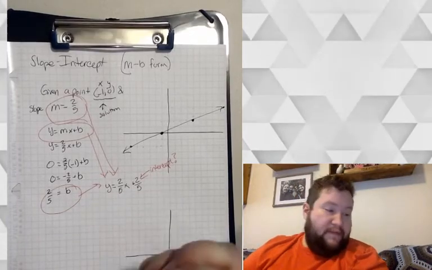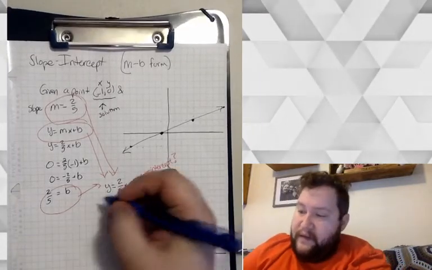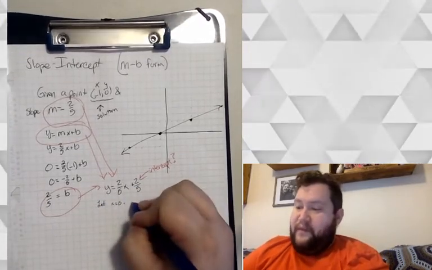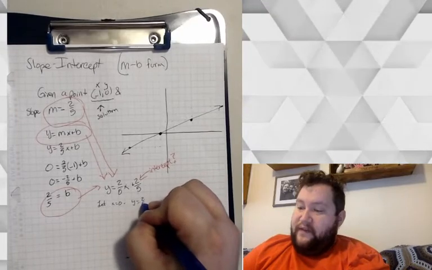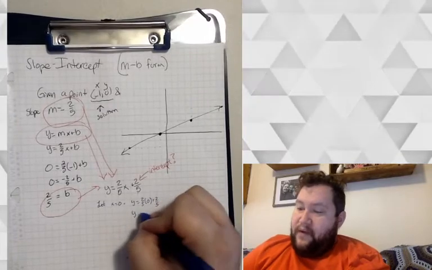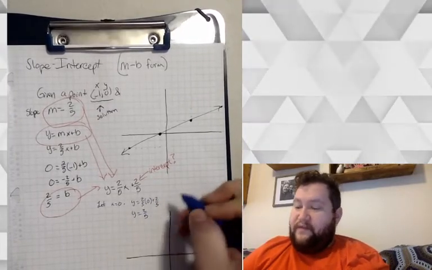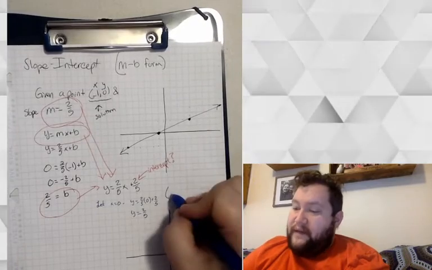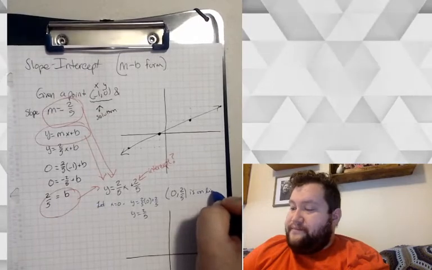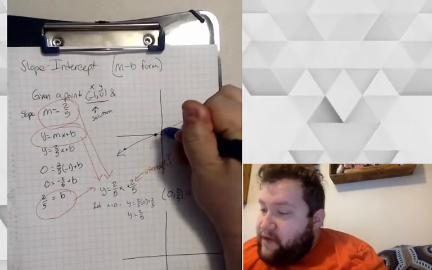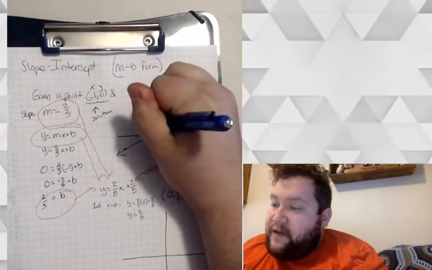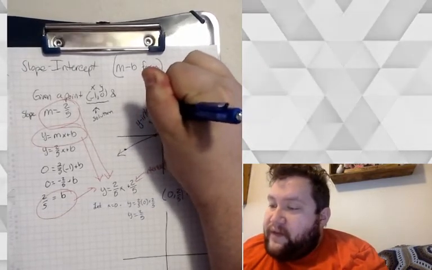Well, suppose, and let me use blue, say let x equals 0. We have y equals 2/5 times 0 plus 2/5. We have y equals 2/5. So that means the point 0, 2/5 is on the line, and that's called our y-intercept.